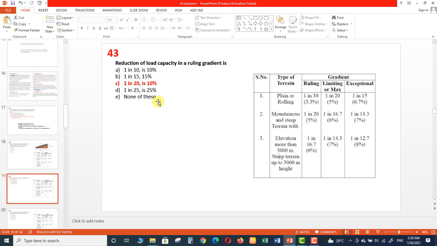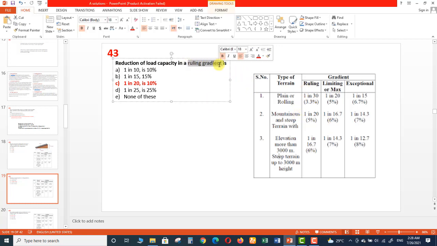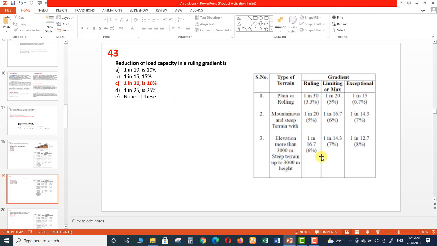Question number 43. Reduction of load capacity in a rolling gradient is, again it's related to rolling gradient, right? In rolling gradient, if we again compare these options with the gradients of rolling gradient, the only one which coincides is 1 in 20, because 1 in 10, there is no 1 in 10 gradient for rolling.